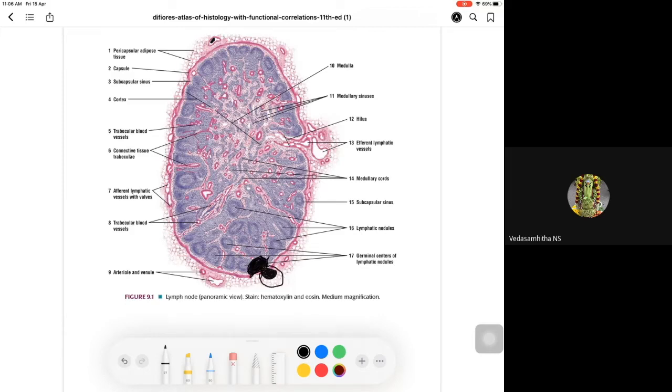Whenever you see lymph node mets, the second thing you have to look for is any extracapsular extension, because it carries a bad prognosis. And you should be able to differentiate lymphovascular invasion from extracapsular extension. Extracapsular extension means they open the shop in the lymph node and then they are spreading outside.